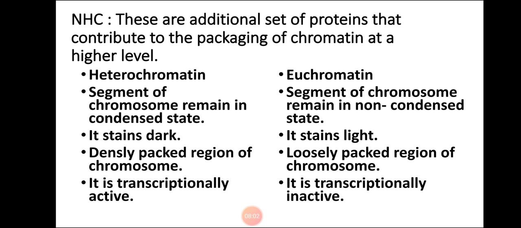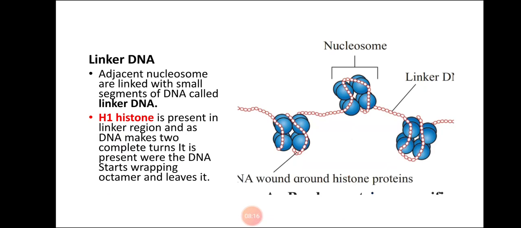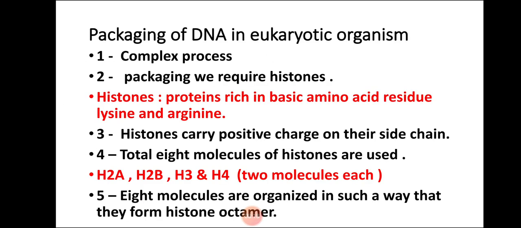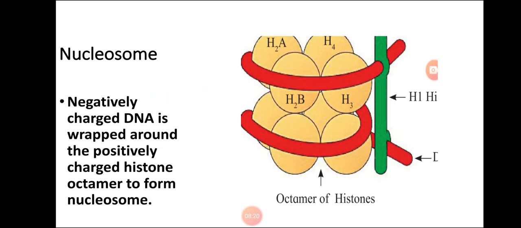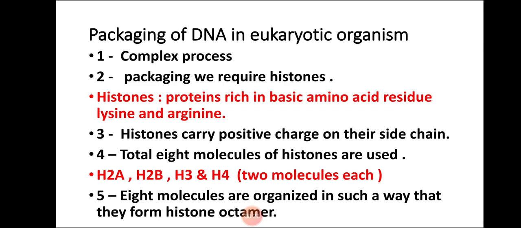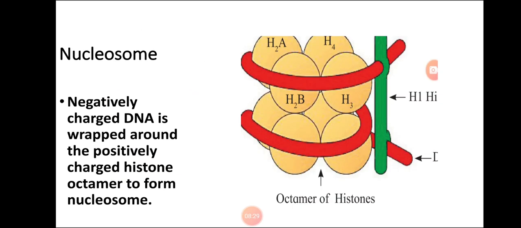All this, NHC, heterochromatin, euchromatin, is required when we have to do the packaging at a higher level. But in eukaryotic organisms, we are doing it at a lower level only with the help of different structures. So the first point was that for packaging we require histones, 8 molecules of histones arranged to form the histone octamer.